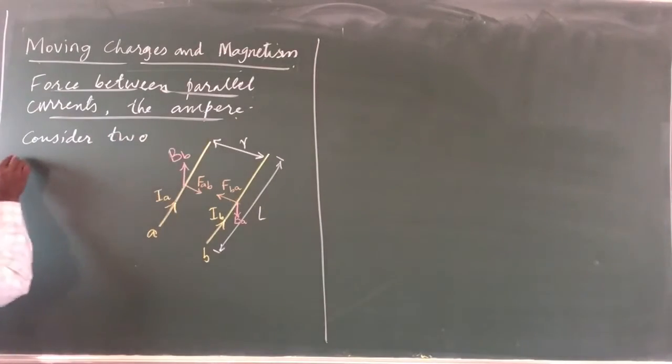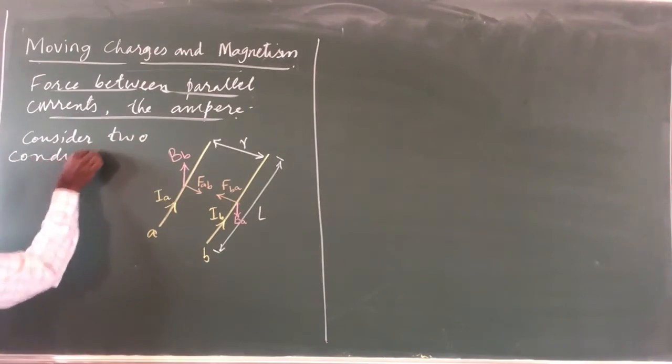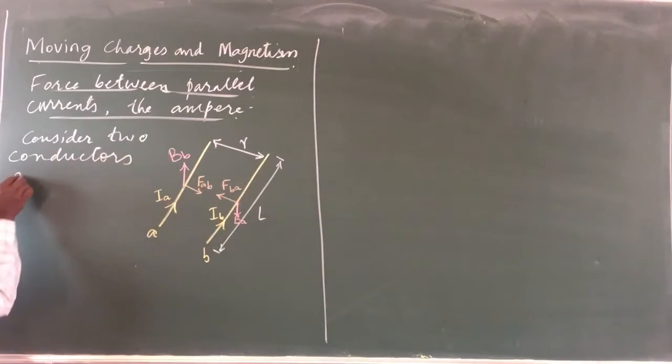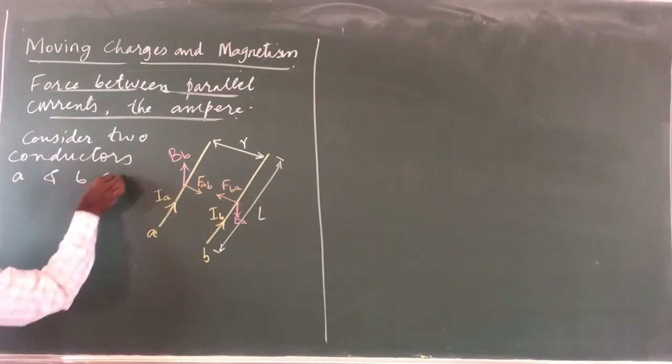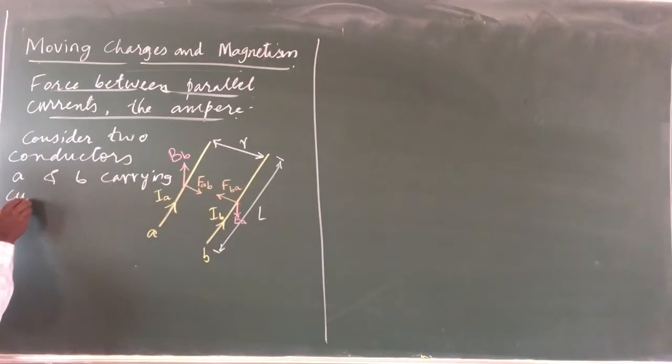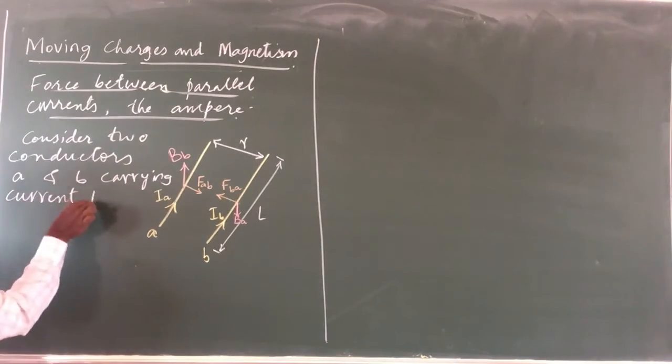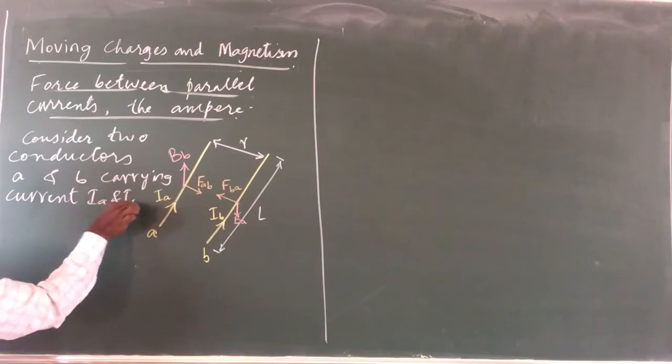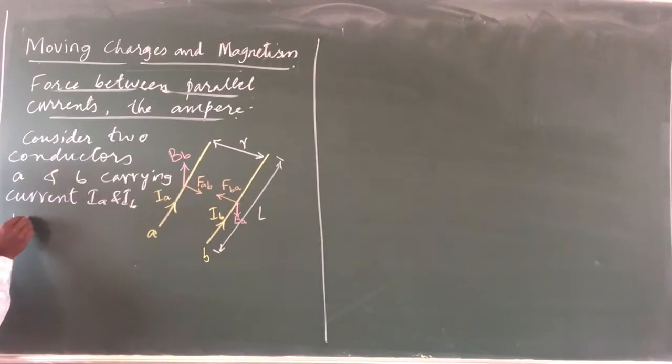Consider two conductors A and B carrying currents IA and IB in the same direction.